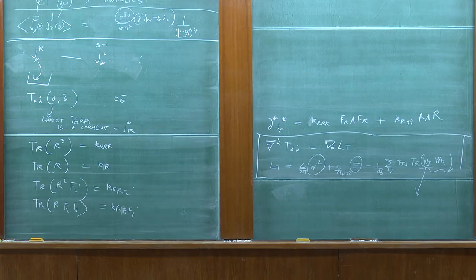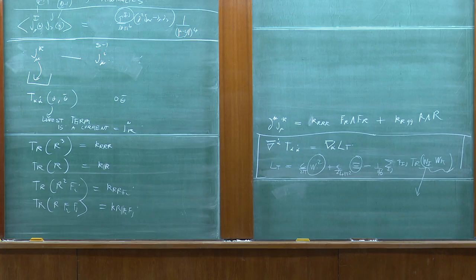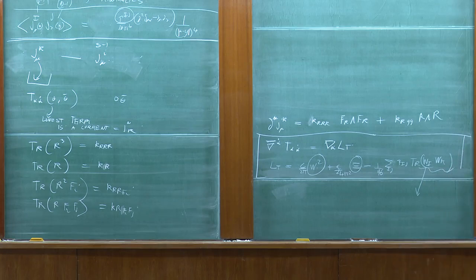If we had done the kind of analysis that we did for superfields, but for gravity, then we would get W's whose field strengths were curvatures.